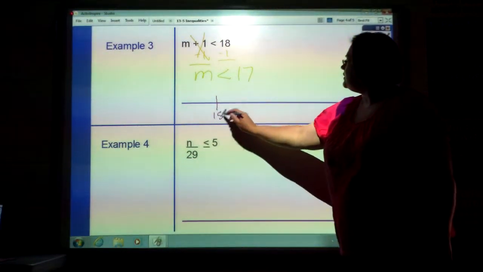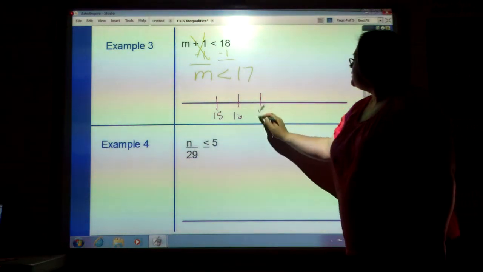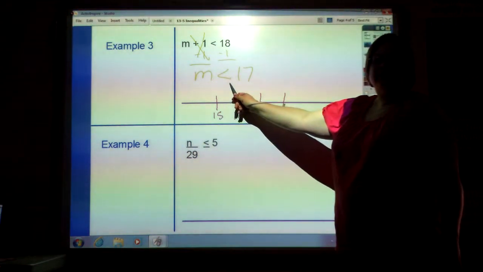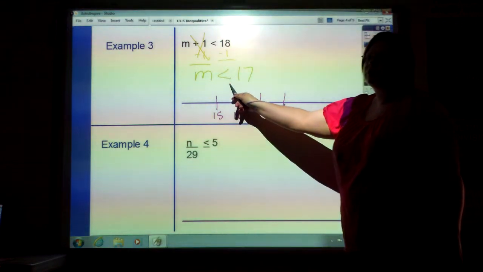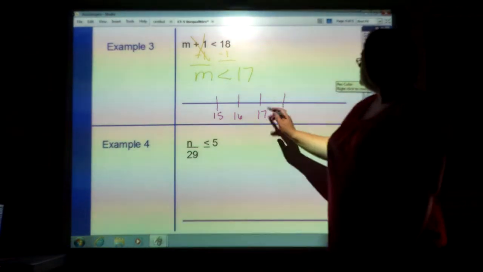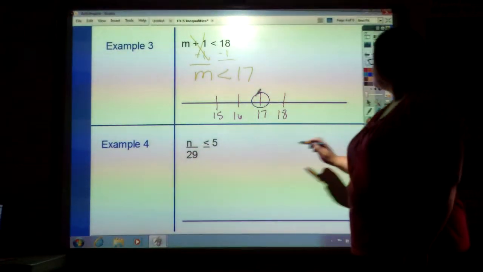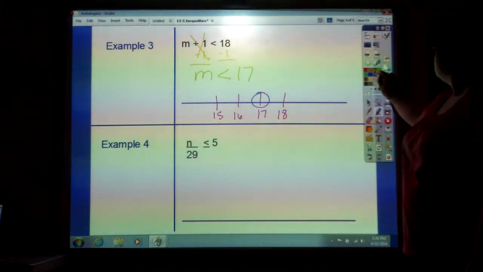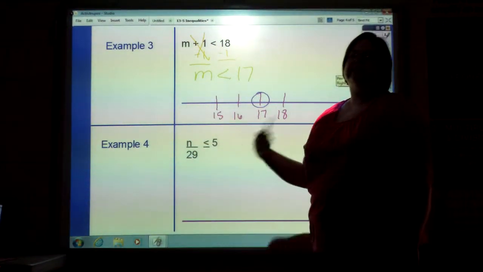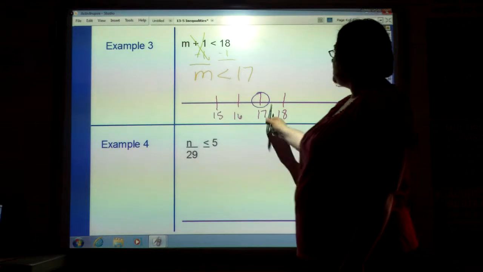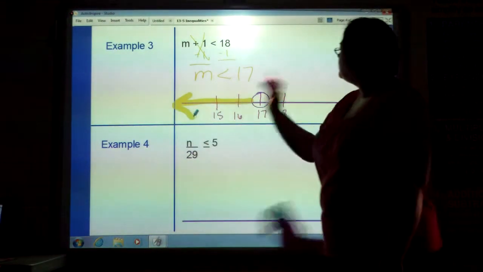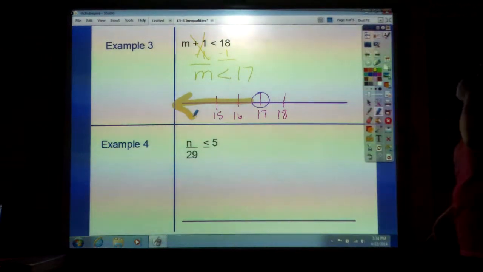I'll put 15, 16, 17, 18. I have just less than, so I need a, what kind of circle? An open circle. Good. So at 17, I have an open circle. And then I'm going to shade in m is less than 17. So any number less than 17, not including 17. So all of these numbers going in that direction.